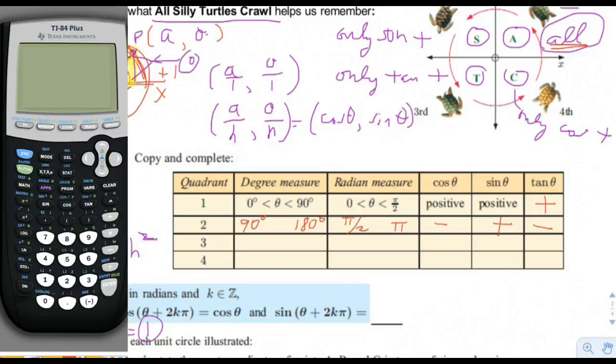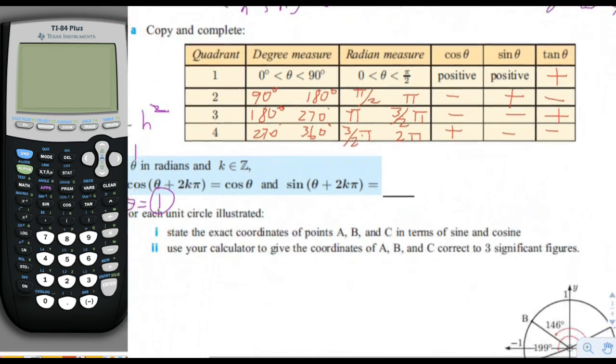Now the third quadrant, only tangent is positive. Okay, and in the fourth quadrant, only cosine is positive, so cosine positive, sine negative, tangent negative. Okay, and then the radian measures, you just do multiples of 90 degrees here. So this would be 270. This would be 270 to 360. This would be pi to 3 halves pi. 3 halves pi to 2 pi. Okay.